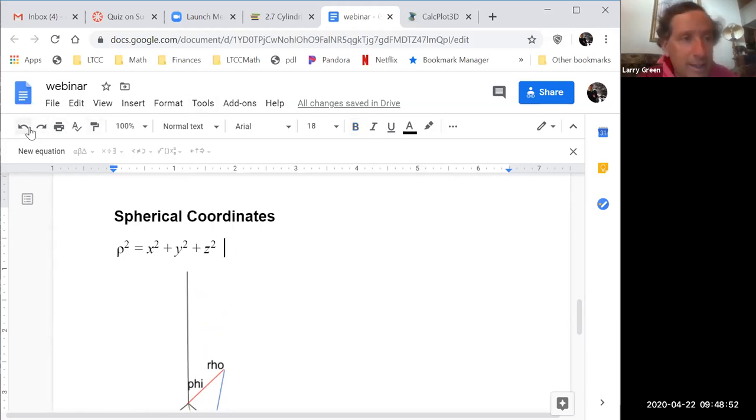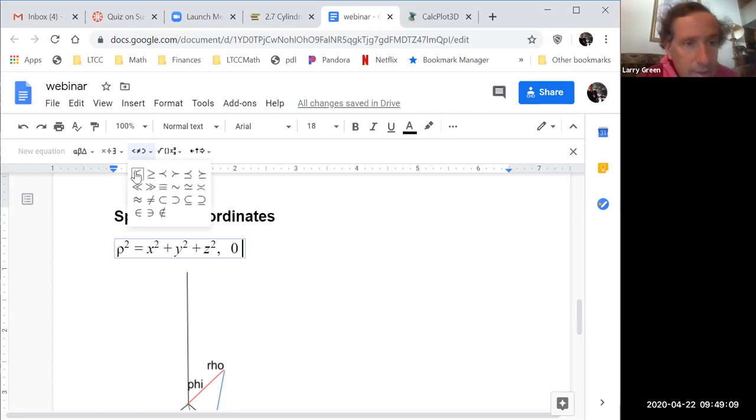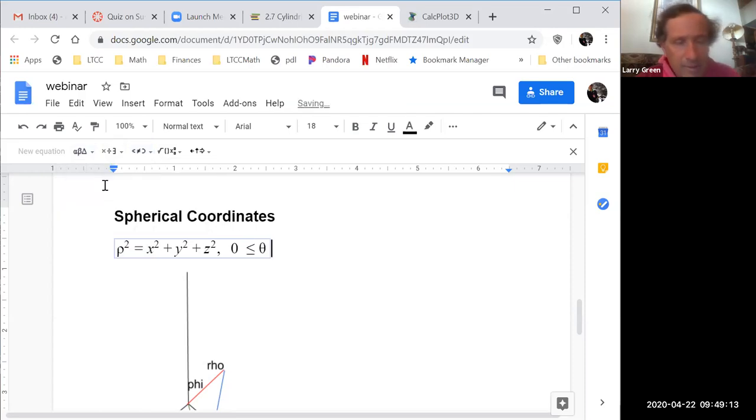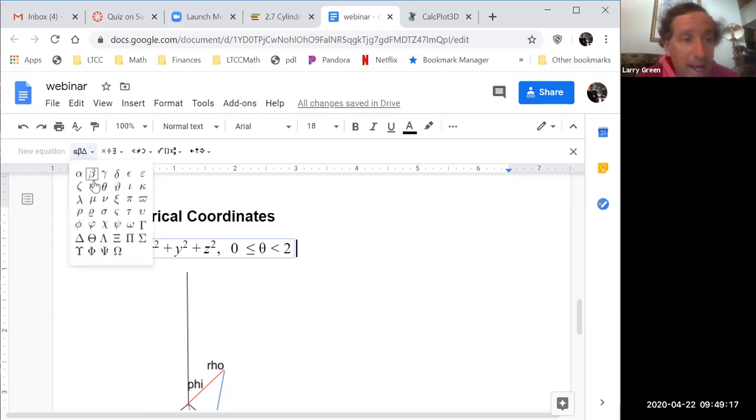So first thing, let's do this. Actually, I can do it right here. So we can say 0 is less than or equal to theta, which is less than 2 pi. Okay, you don't need 2 pi if you have 0, right?